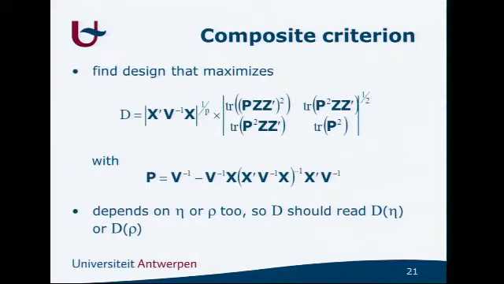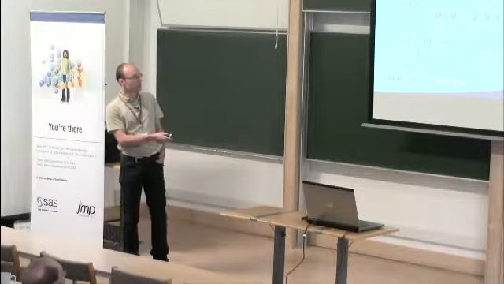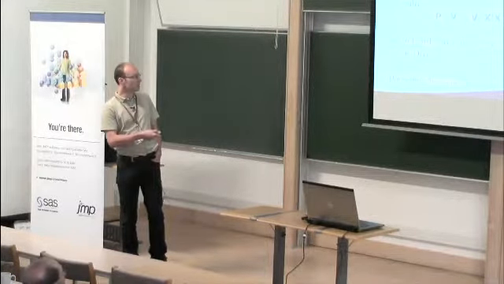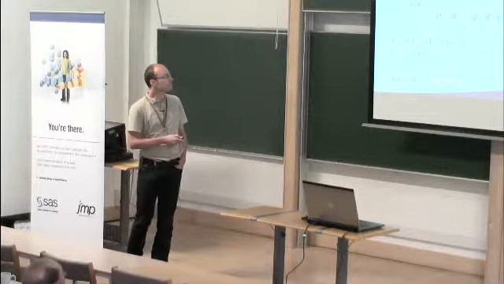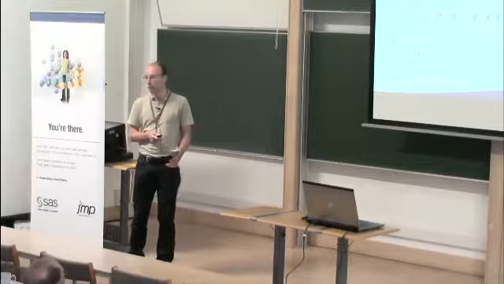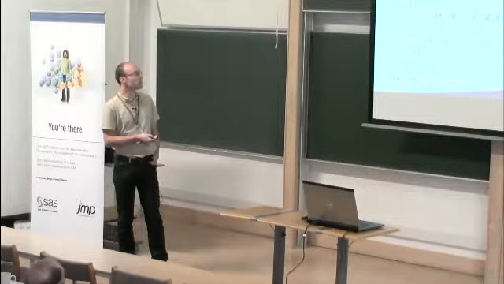So that's our composite criterion. And if we want to emphasize that this composite criterion depends on eta or rho, we can of course use this notation, d of eta or d of rho. So that's the composite criterion. That's solution number 1 to avoid trouble with estimating the variance components.